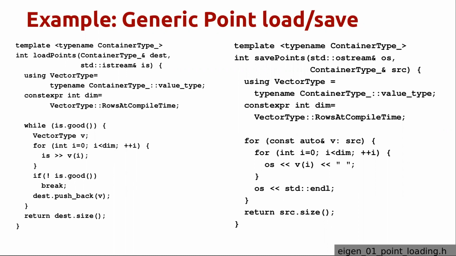Given the type of the elements of the container, we know that they are going to be vectors. It determines how many elements are in the vector, and it reads this number of elements from each line of the file. Once it has read this number of elements, it creates a new item for the container, and puts it in the container. Okay, guys?